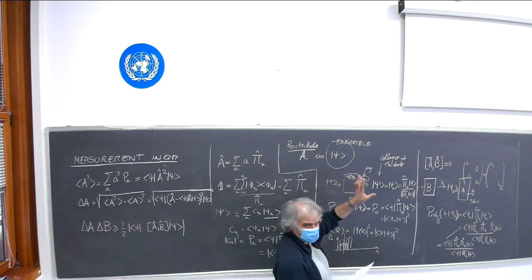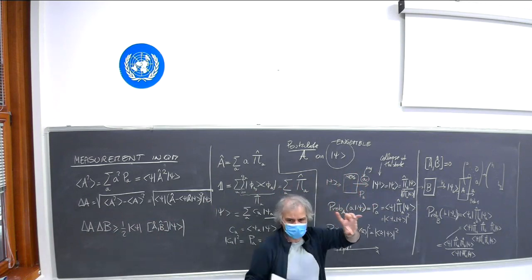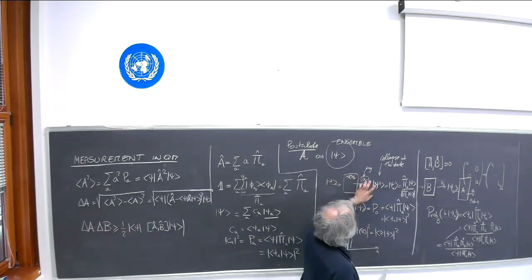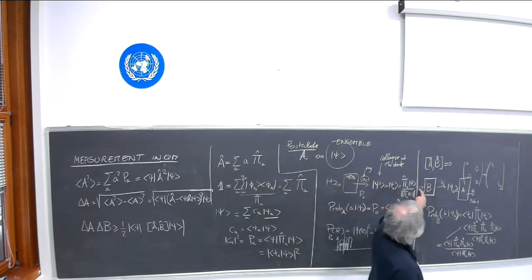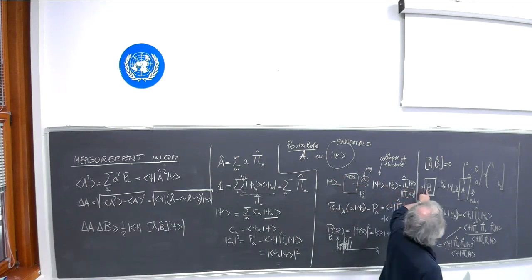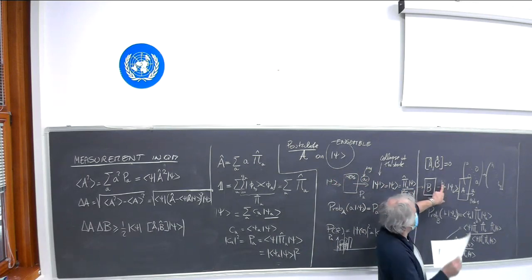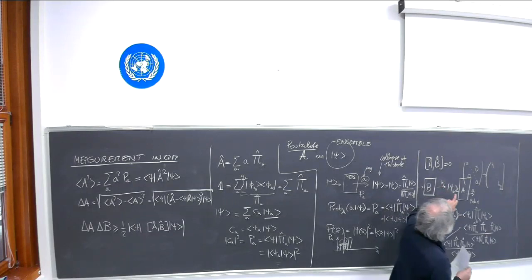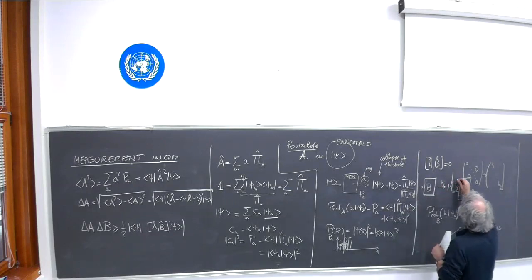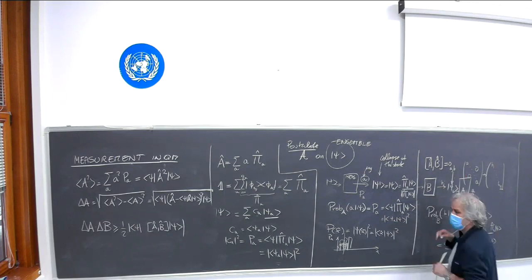Okay, the state is not a state with uncertainty equal to 0 in both, but I filter first of all with the measurement of A. Okay, so I get a state psi prime, which is psi A. Now I filter with a compatible observable B, and I get some other eigenvalue for B, which I call B. So the state that I get here is a state which, if I measure A on it, I get A, and if I measure B on it, I get B repeatedly.